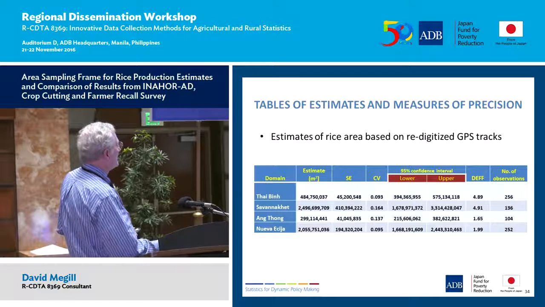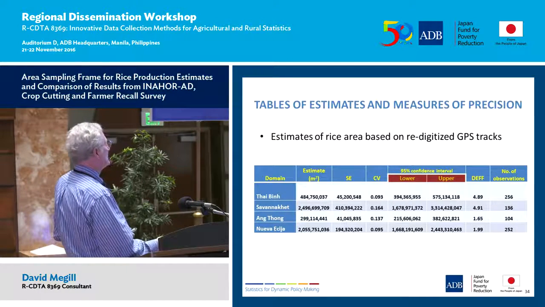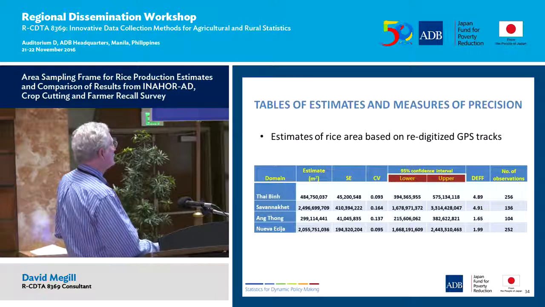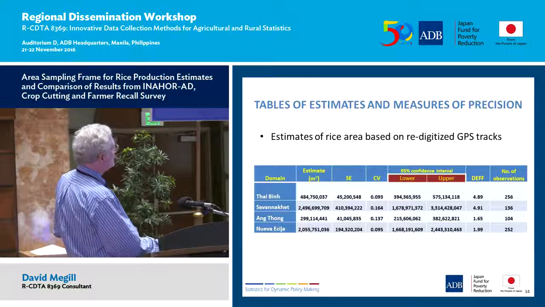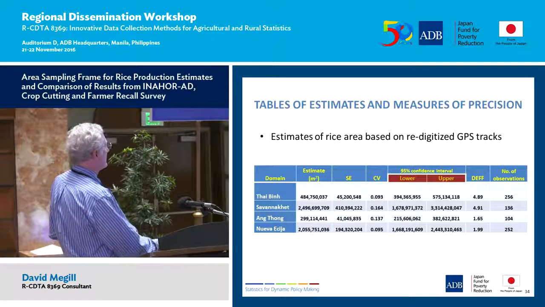And the first thing we can compare is the coefficient of variation, the relative standard error. If you change this to percent, this is the percent of error compared to the estimate.